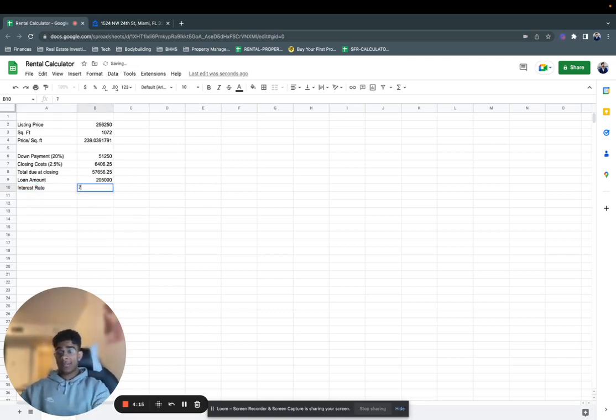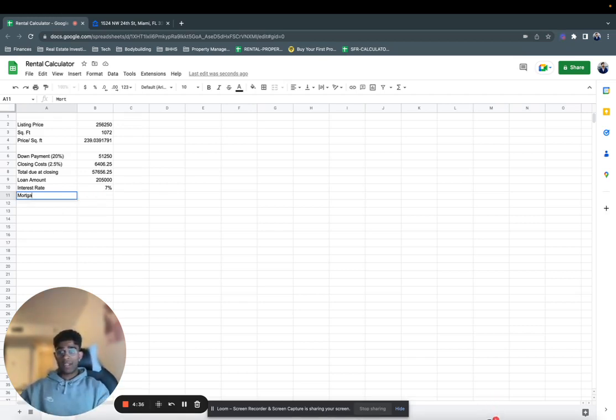Just for this example, I'm going to use 7% as that's the current rate in the market when I'm recording this. Interest rates are constantly fluctuating up and down based on the economy. So whenever you're creating this calculator, make sure to Google what is the current interest rate before you fill in that number.